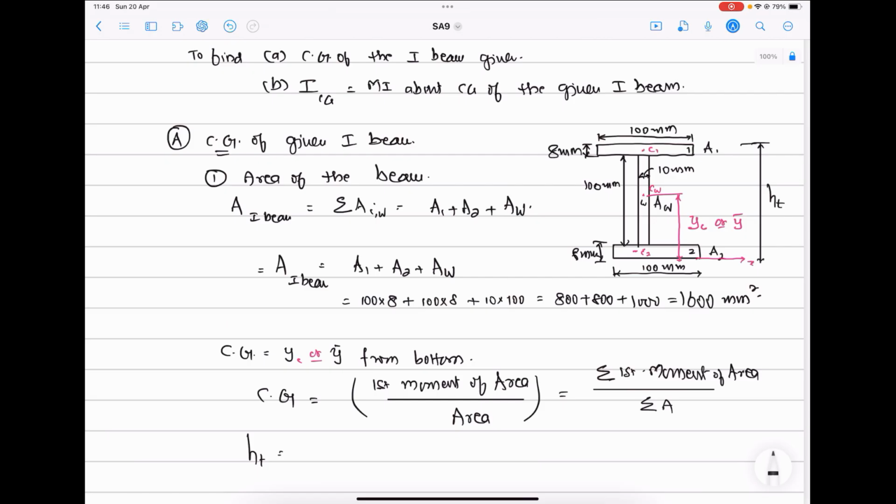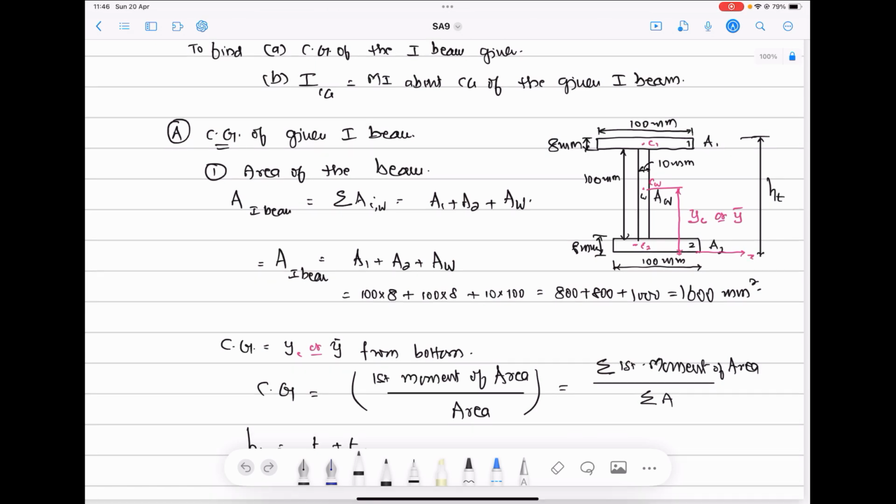It is first flange thickness, that is 8 mm thickness of first flange, plus the height of the web, sorry, not thickness of web, because it is the height of the web.